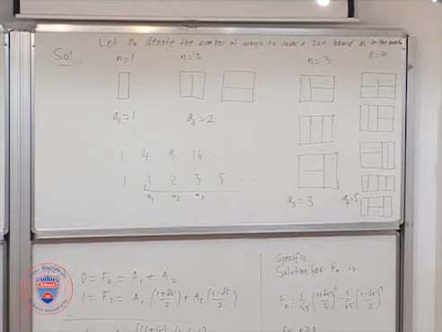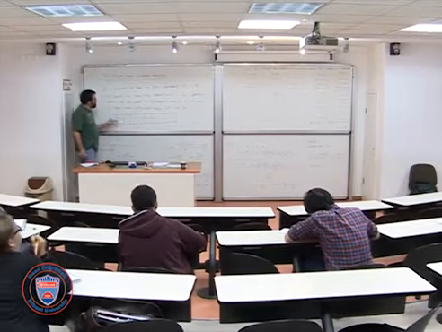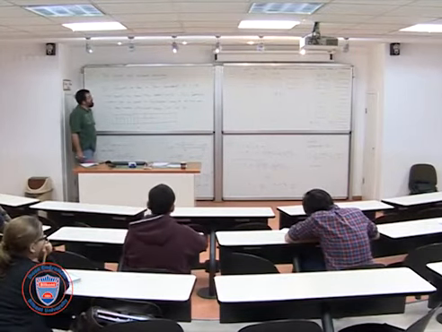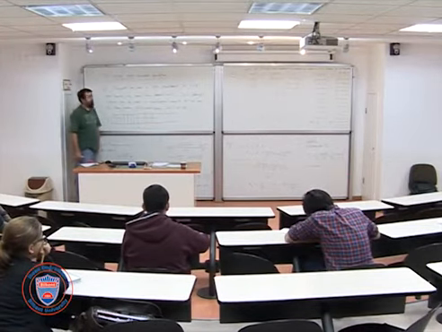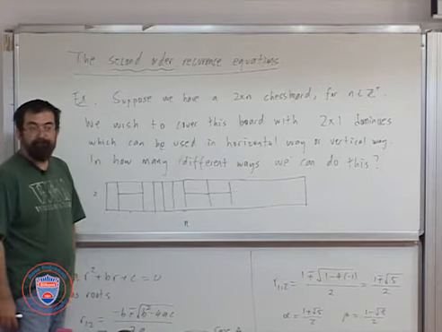So what was the recursion for Fibonacci? That a_n is the sum of the previous two terms. So there must be some argument that you can use to conclude that a_n will be a_(n-1) plus a_(n-2). Anybody sees how that argument can be done?